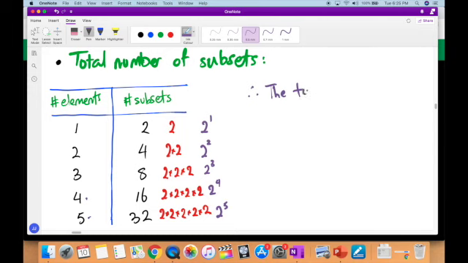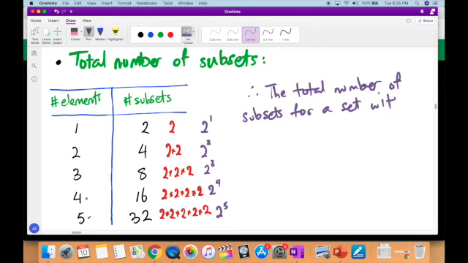So therefore, the total number of subsets for a set with n elements is simply 2 to the power of n.